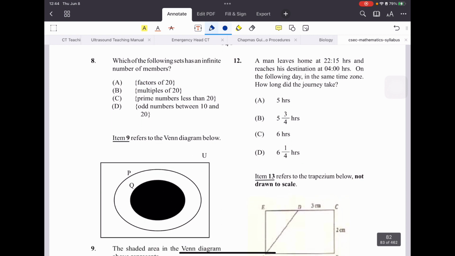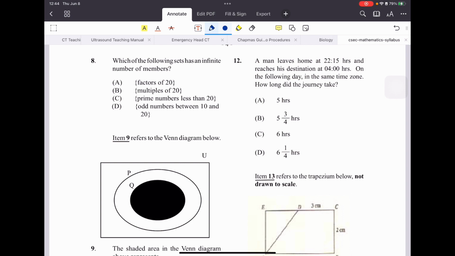Which of the following sets has an infinite number of numbers? This is quite simple. Factors of 20 simply means what numbers go into 20, and that's not infinite: it's going to be 2, 4, 5, and 10, and then 20. That's all you could have.